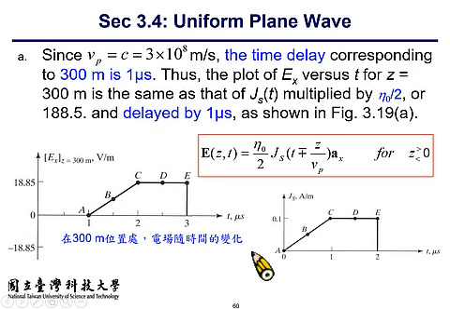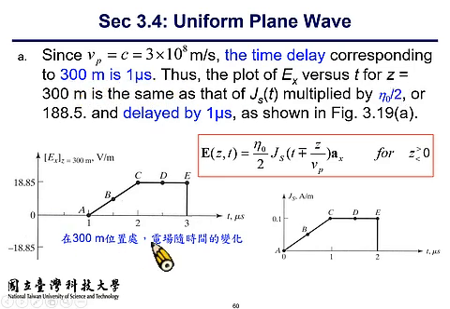So here is the solution. Let's look at the solution one by one. For part A, because the electromagnetic wave propagating velocity Vp equals c, that is 3 times 10 to the eighth, it corresponds to a time delay of 0.3 meter for every nanosecond, which equals 300 meters for every microsecond.